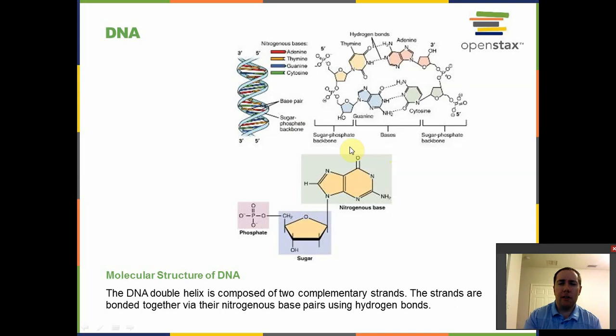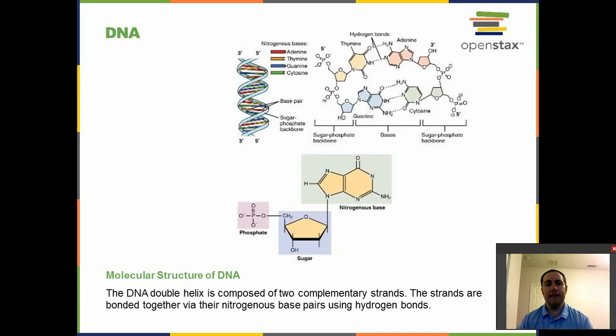The nitrogenous base on one nucleotide forms hydrogen bonds, that's these dashed lines here, with another nucleotide. Here we see a thymine, a T, hydrogen bound to an A, an adenine, and a guanine, a G, hydrogen bound to a cytosine. Now, they will always be in those pairs.